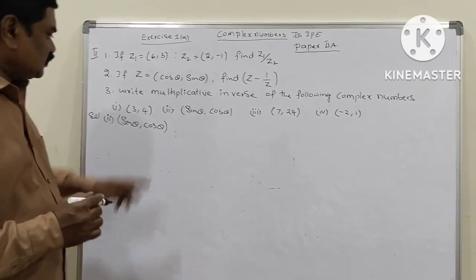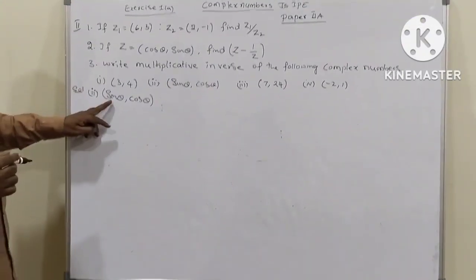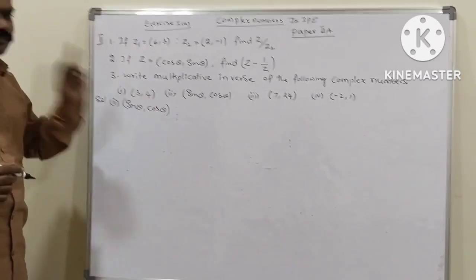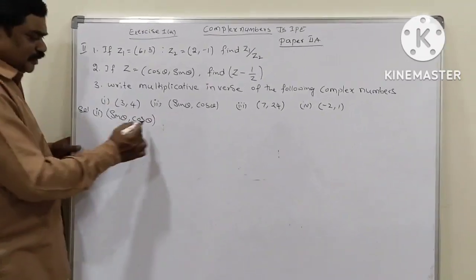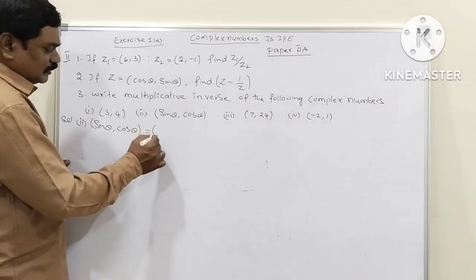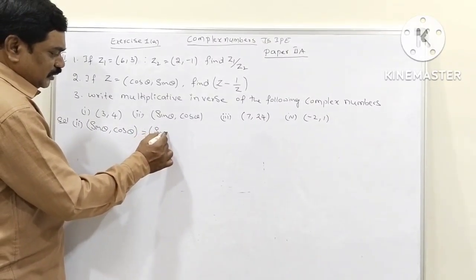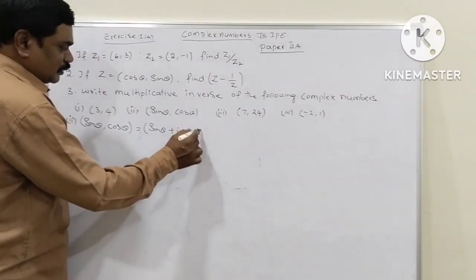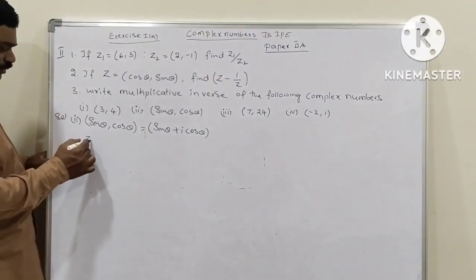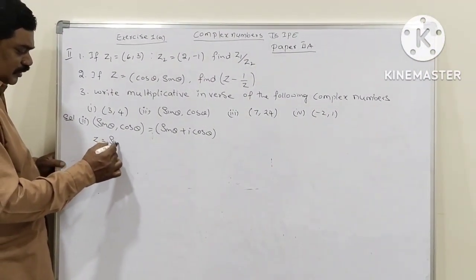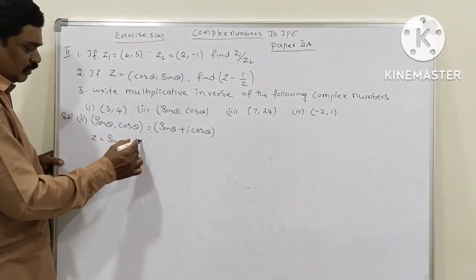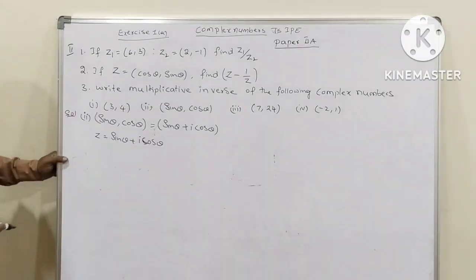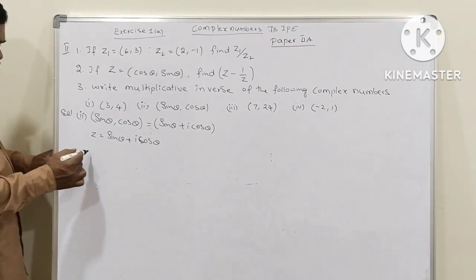Here we go for the second problem, (sin theta, cos theta). Ordered pair (sin theta, cos theta). So it can be written as the complex number sin theta plus i cos theta. So z is equal to sin theta plus i cos theta. So we have to write the multiplicative inverse.